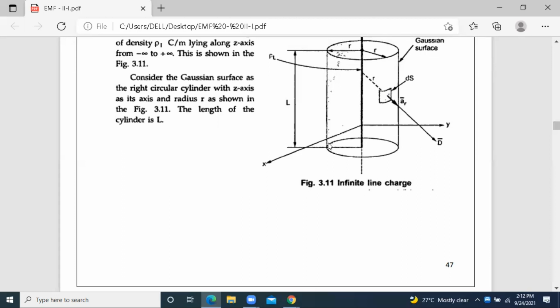In other words, the surface area of the side of a cylinder is 2πr times h.